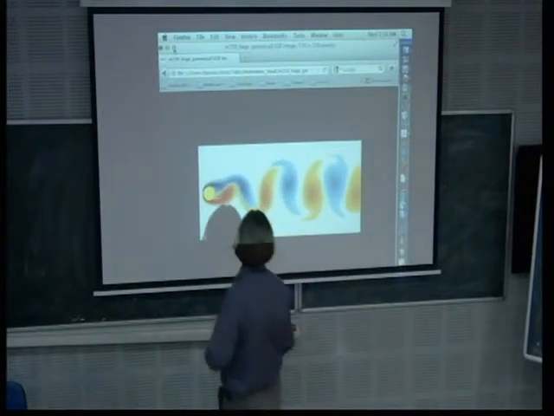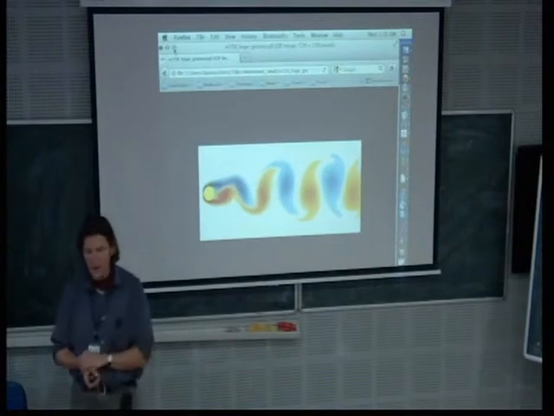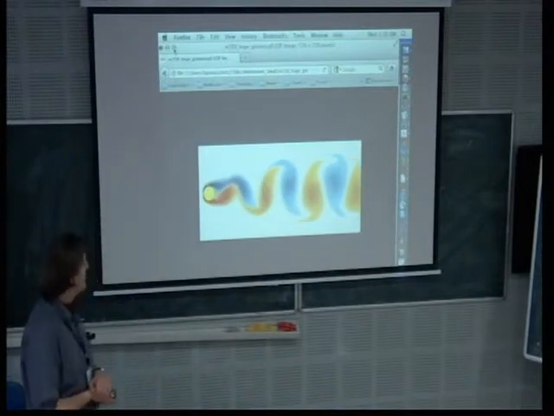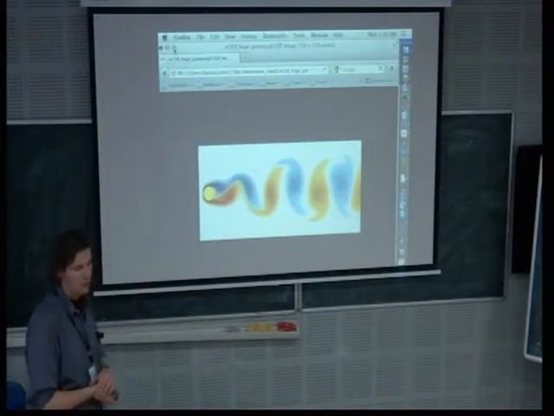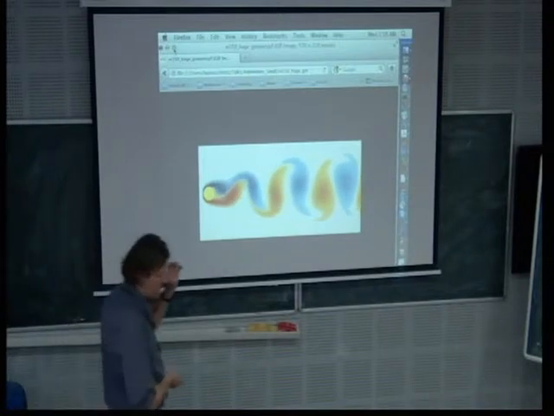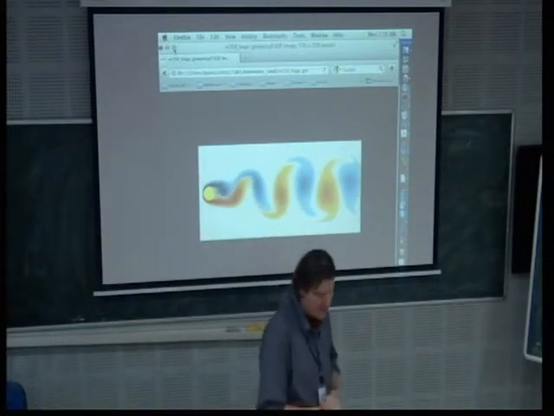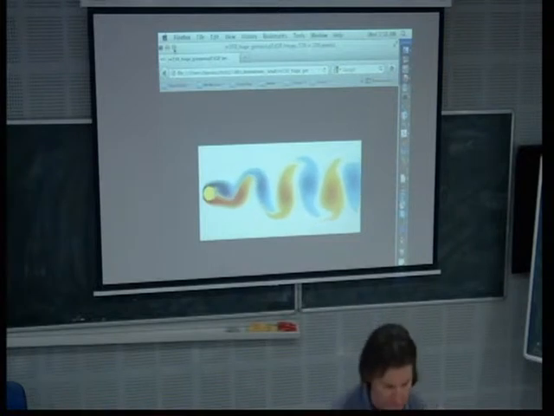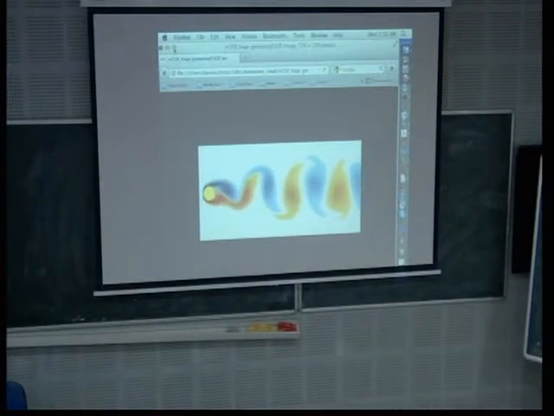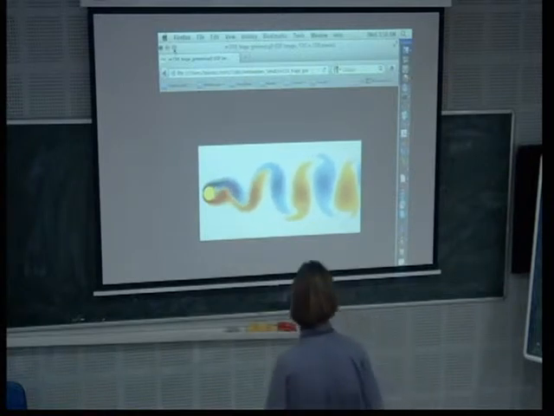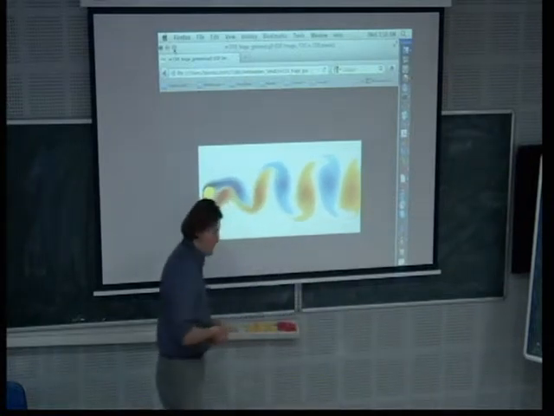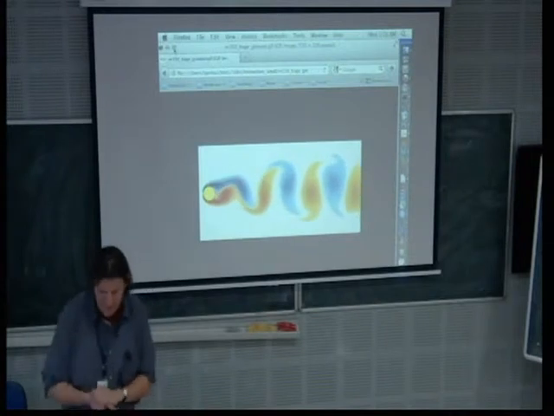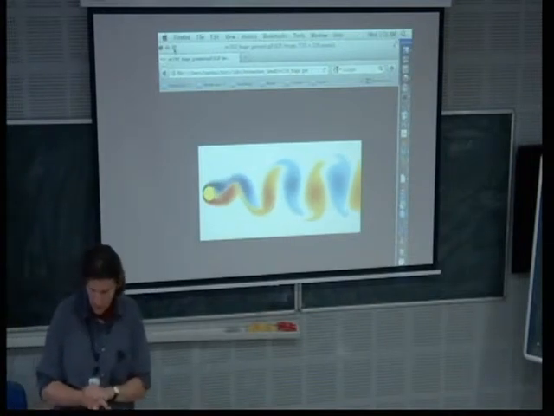What happens is that as soon as those vortices appear, then the drag, which is the force that is acting on the obstacle, significantly increases, as do the fluctuations of the lift, so the force in the transverse direction, both of which are rather detrimental effects and are a source of a lot of problems.